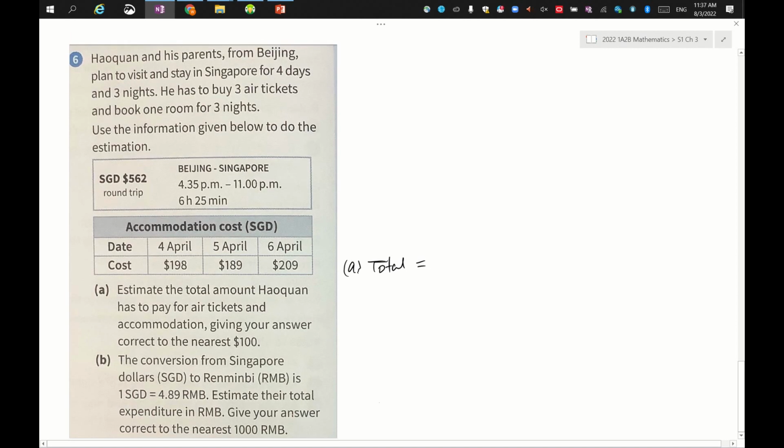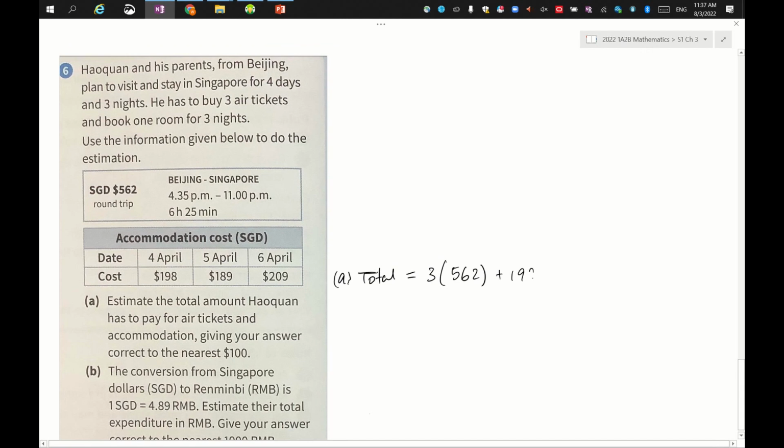So 3 people. 3 times $562 plus 198, 189, and 209. This is the actual exact calculation, but they only wanted you to estimate.